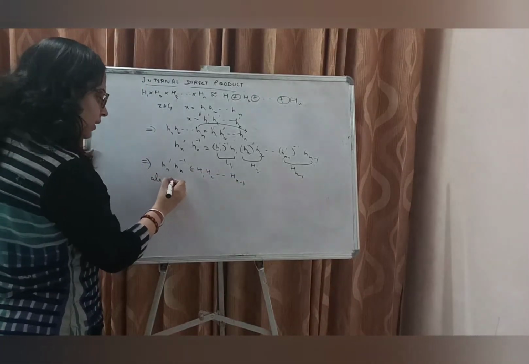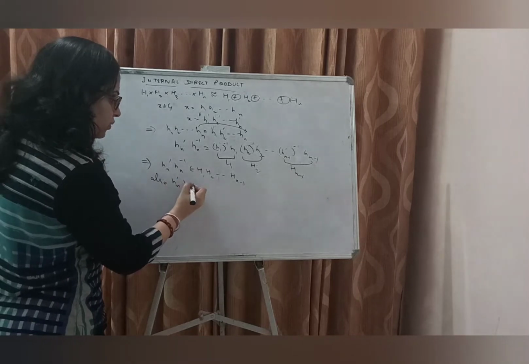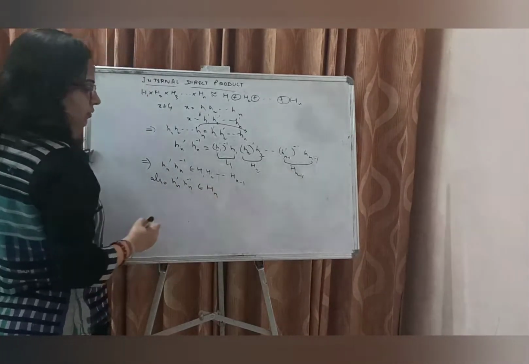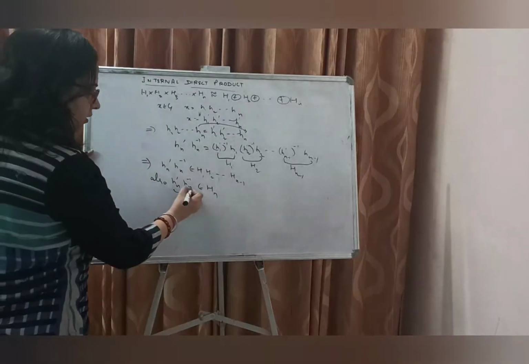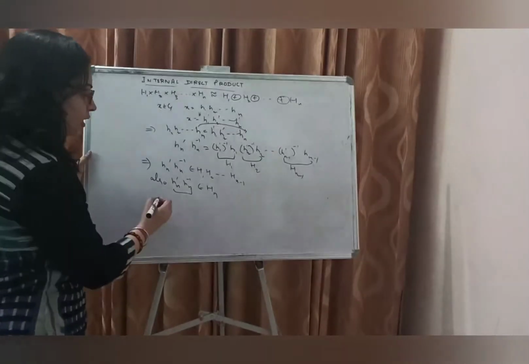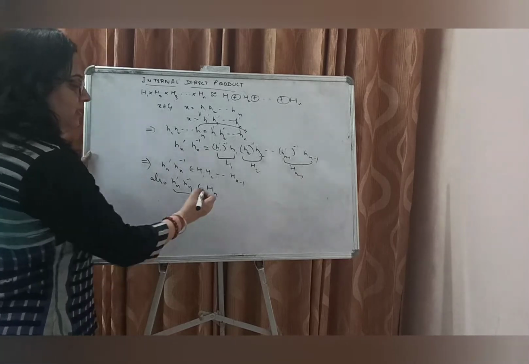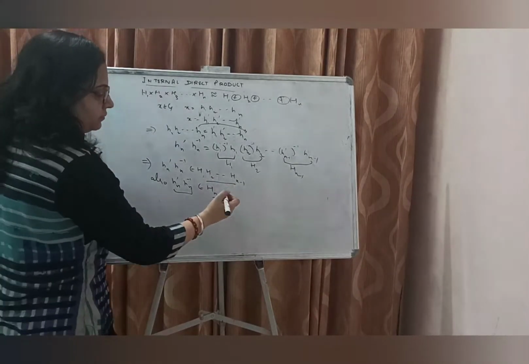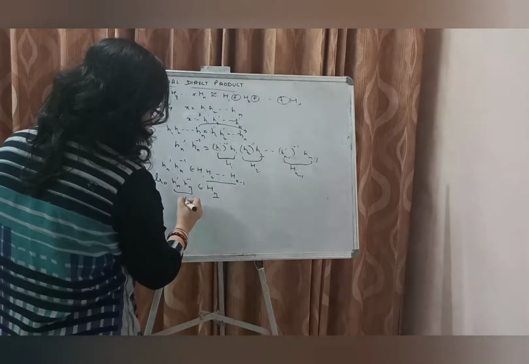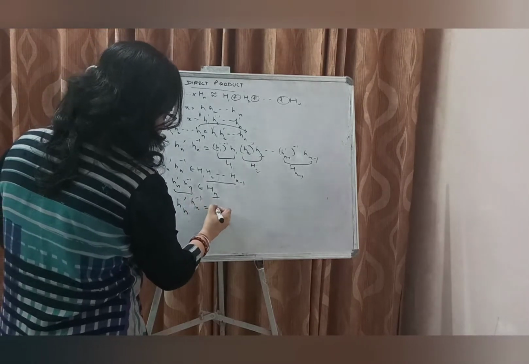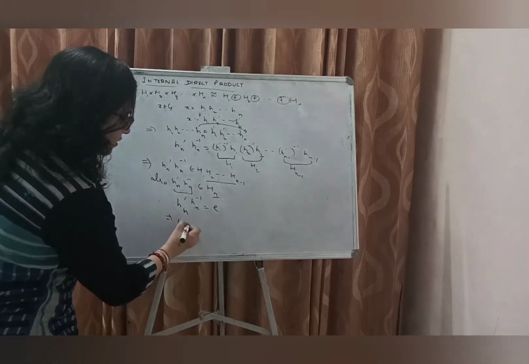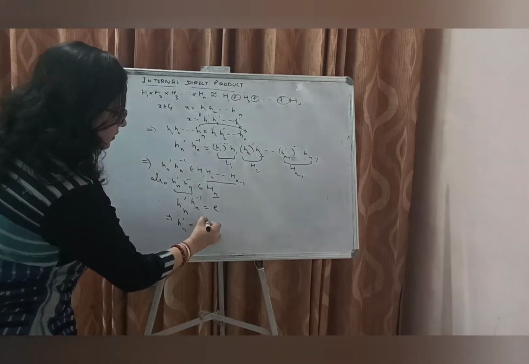Also hn dash hn inverse belongs to Hn. Okay, clearly these two elements belong to Hn. Therefore, since the intersection of these two is identity, therefore hn dash hn inverse is identity. This implies hn dash is equal to hn.